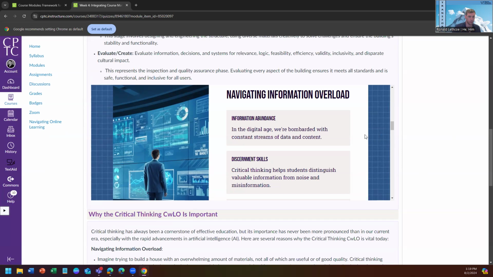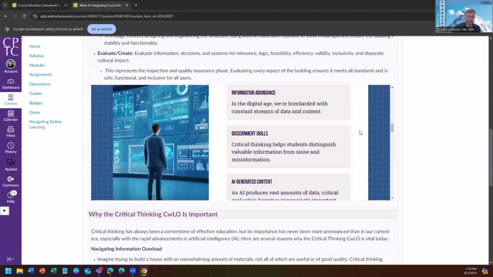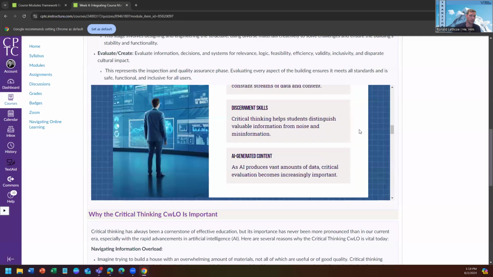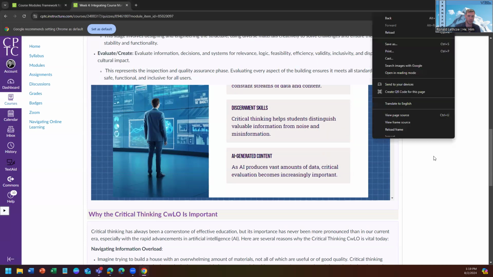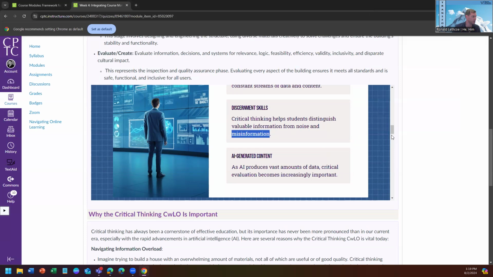Information overload. Obviously, these days, we're getting a lot of information from every angle, and a lot of it is political, as there's a huge election coming up. So critical thinking helps students and humans in general distinguish valuable information from noise and misinformation.